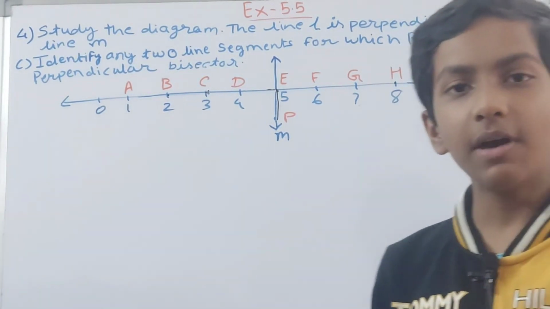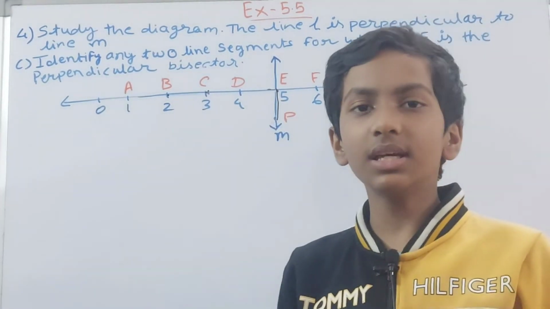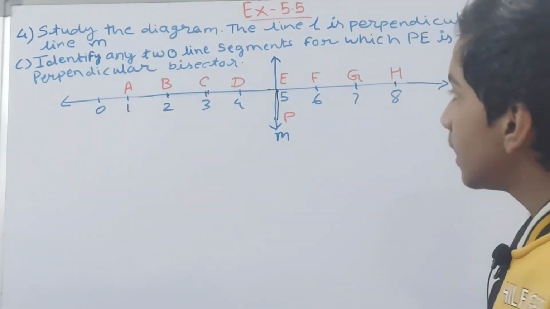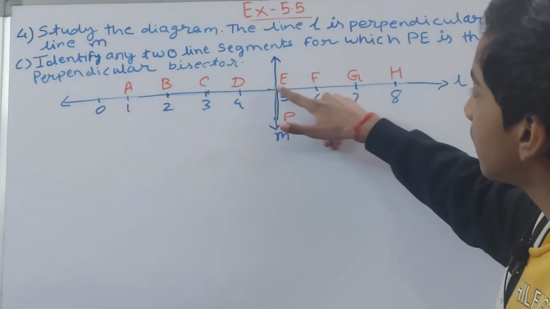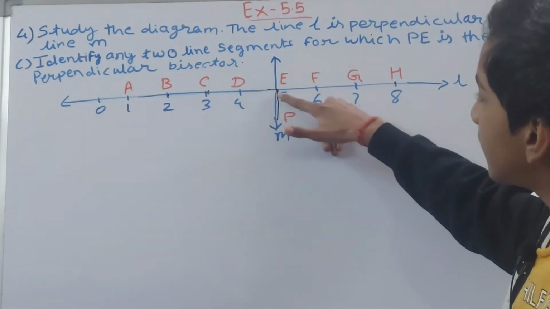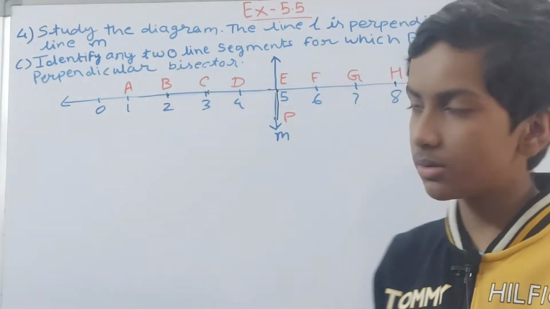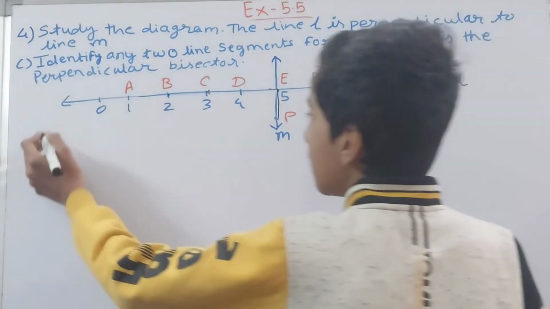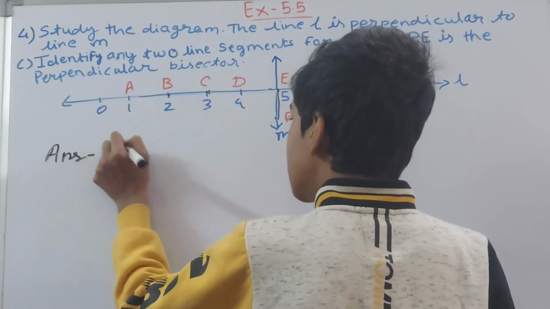They are getting divided into 2 equal parts. You can see they are intersecting each other. The next thing is the angle of 90 degrees. If you see closely, it is making a 90-degree angle because it is an L here. If you see this part, this is an L and this one also is an L. So L makes a 90 degrees angle. So the first answer will be BH.